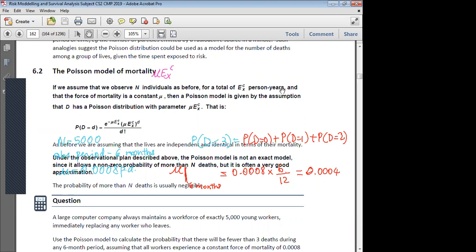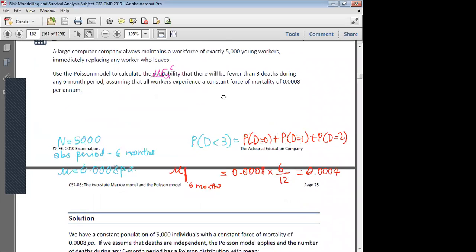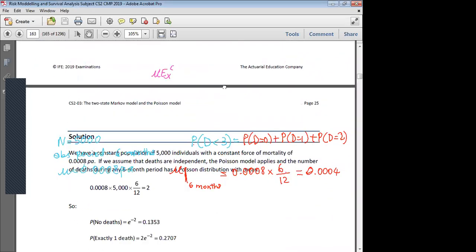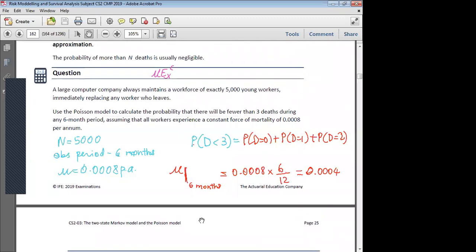Whenever I'm talking about these years, it takes into account the time period as well. So if you want to use this formula, you will have mu as it is times this, which will be person years.